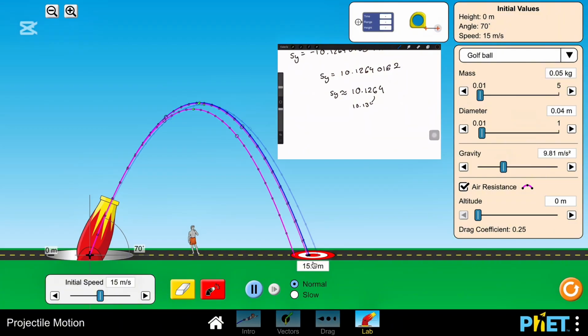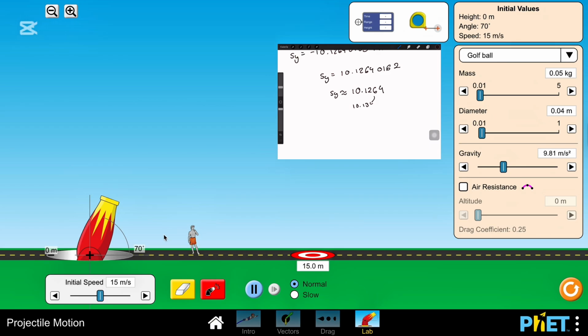And now, last but not least, let's analyze how some variables are related. For example, the angle and the length it reaches. So here we have 70, and we can see it reaches 15.